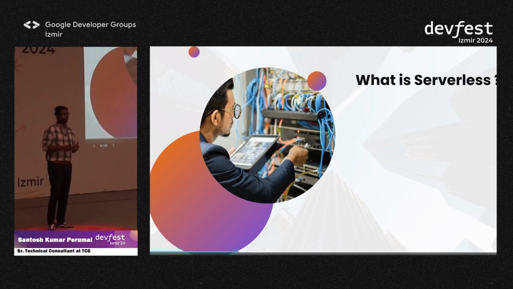And why did we move from the data center, or why did we take the model of hybrid? That's the main thing that we need to think about. Owning a data center and managing it for a small organization is an easy job, but if the organization is growing rapidly, or if it is not doing well, it has to cut down the infrastructure, or it has to increase the infrastructure.